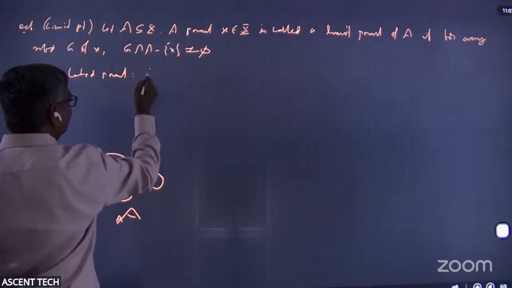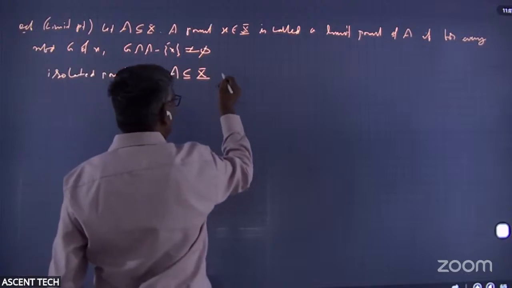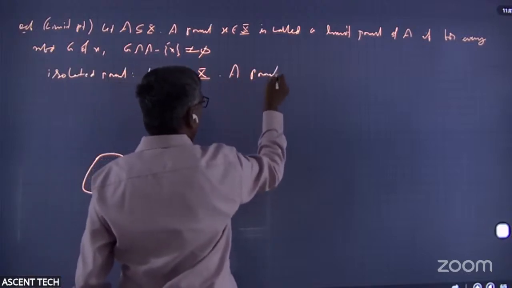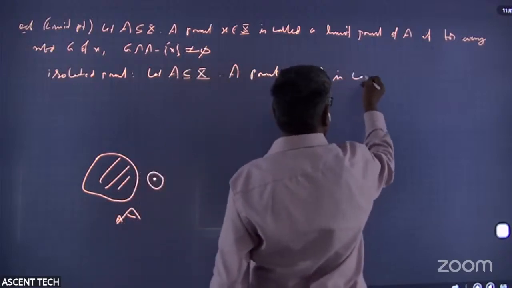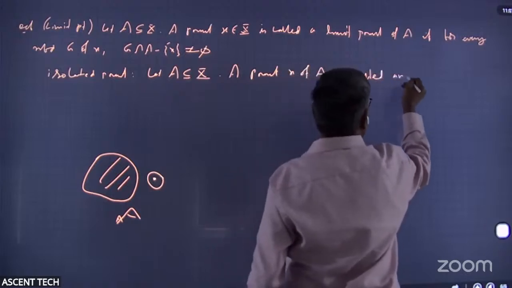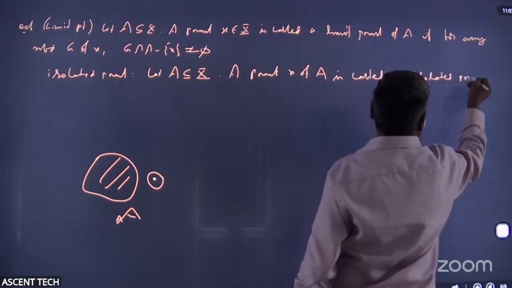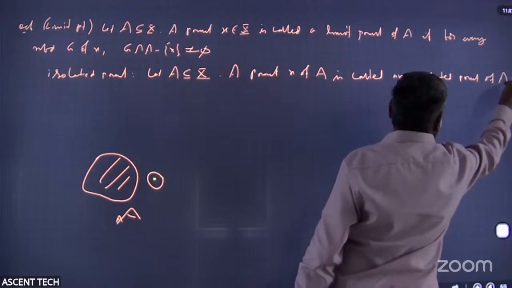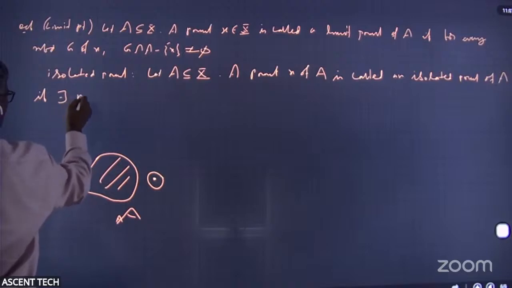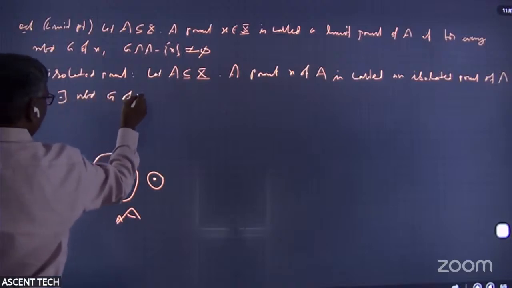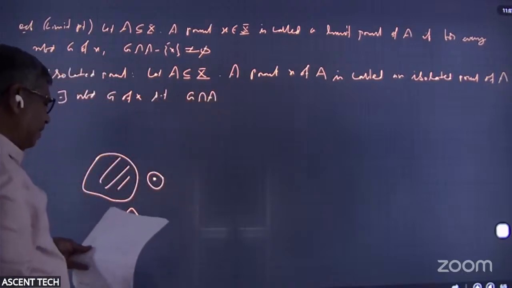Let A be a subset of X. A point x of A is called an isolated point of A if there exists a neighborhood G of x such that G intersection A has only that element, nothing else.